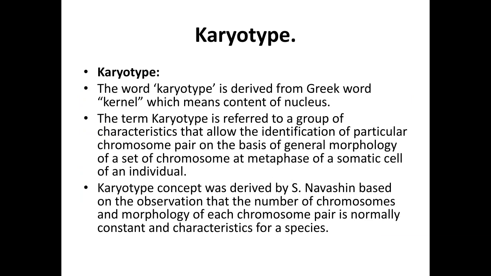The karyotype concept was derived by S. Navashin based on the observation that the number of chromosomes and morphology of each chromosome pair is normally constant and characteristic for a species.